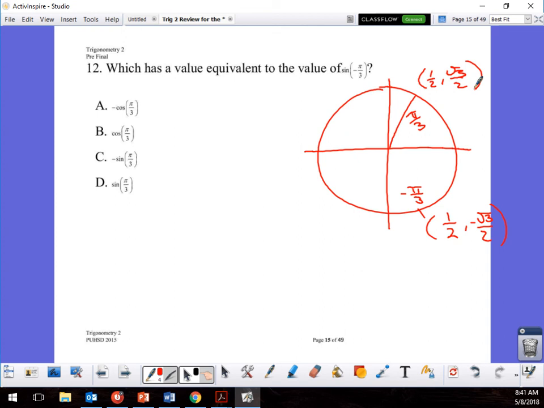So cosine is this number and sine is this number. I'm trying to match this one. Cosine, no. Cosine, no. Negative sine pi over 3. Sine pi over 3 is this right here, but it's opposite, so it has to be C. And sine pi over 3 would be positive.